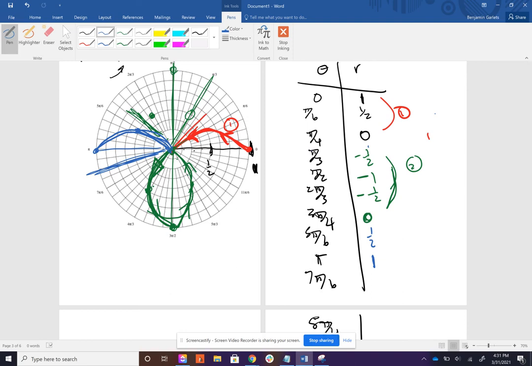Oh, 5 pi over 4 is right here, and that's 0. So I missed one.